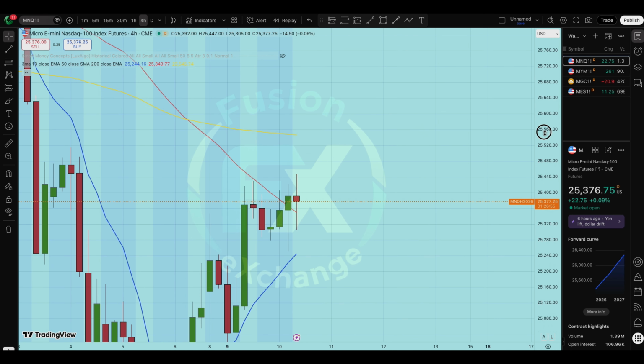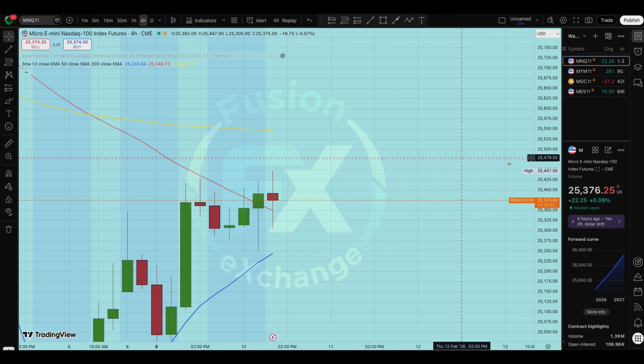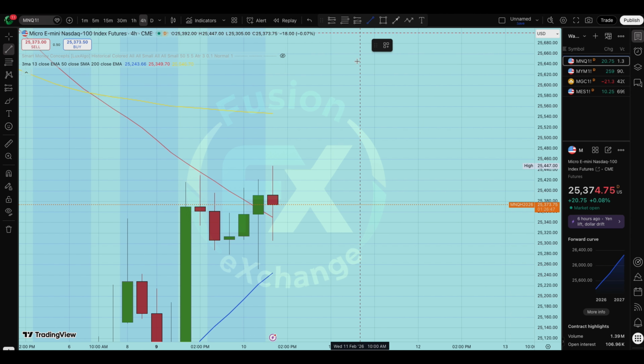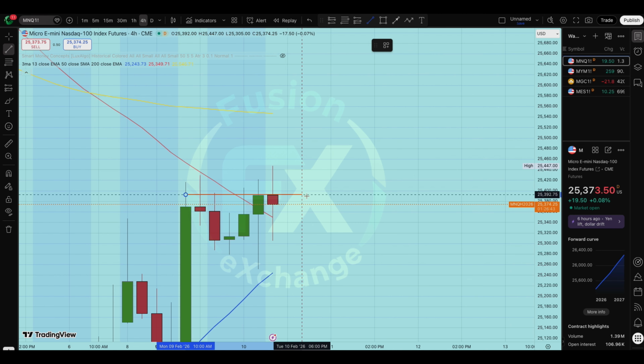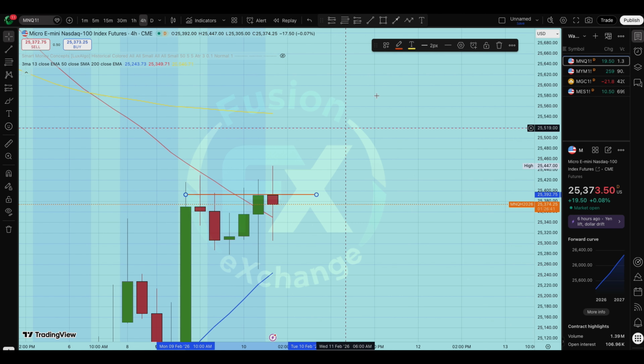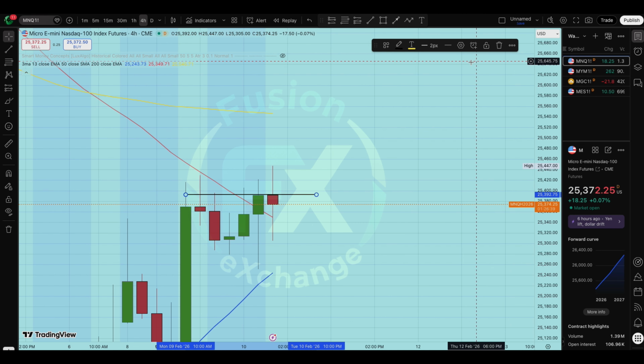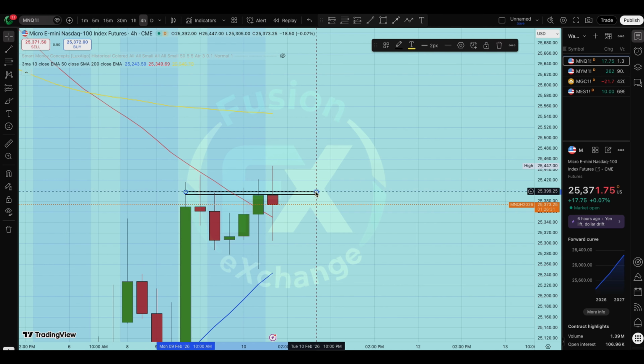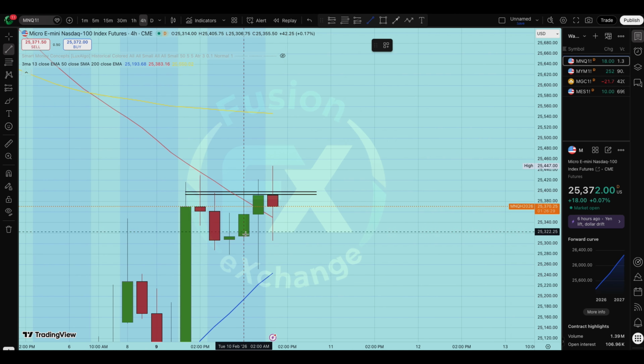So right here, now on the 4 hour, as you can see, we have resistance and we have support. We have resistance right here, and we have support under here.